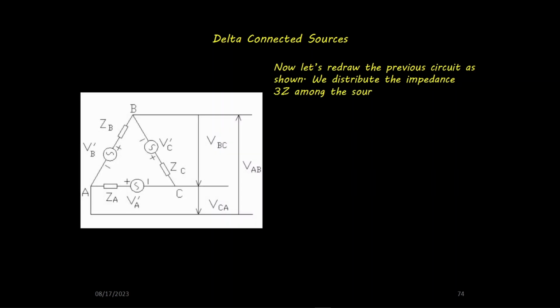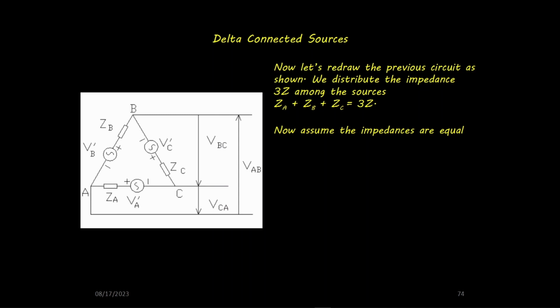Now let's redraw the previous circuit as shown. We distribute the impedance 3Z among the sources. ZA plus ZB plus ZC equals 3Z. Now assume the impedances are equal.